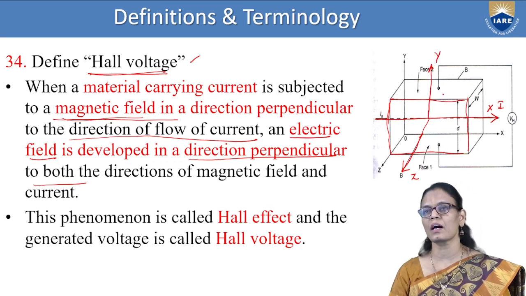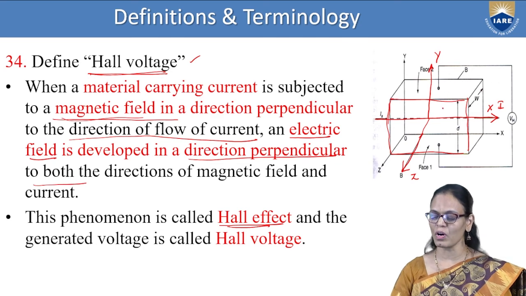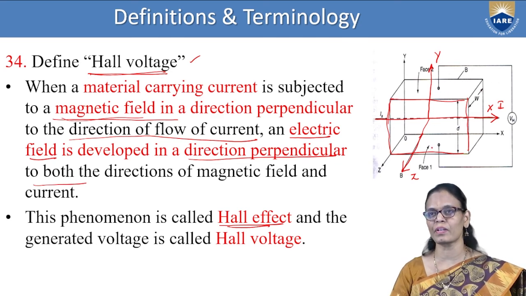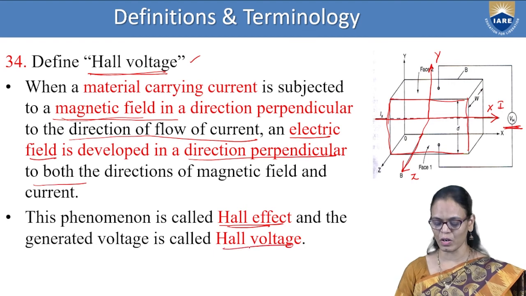These three are mutually perpendicular to each other. We are calling it the Hall effect. Because of the electric field that is developed, there is a voltage difference between the top layer and the bottom layer. Because the charges are separated, you have the electric field, which gives rise to voltage, which we call the Hall voltage.